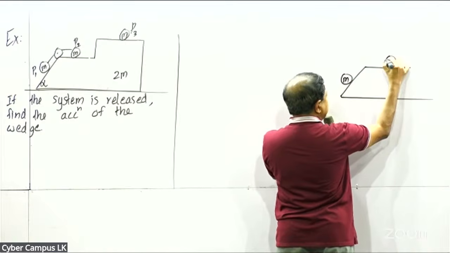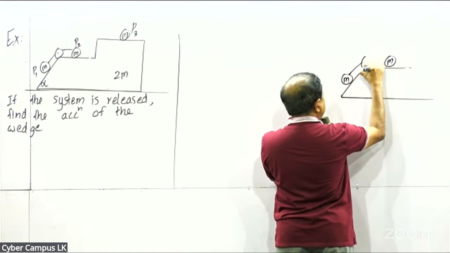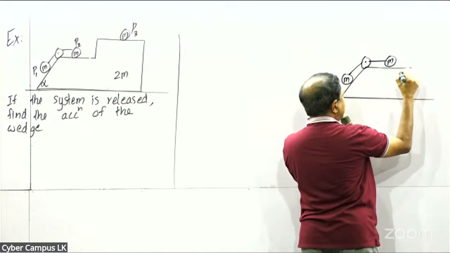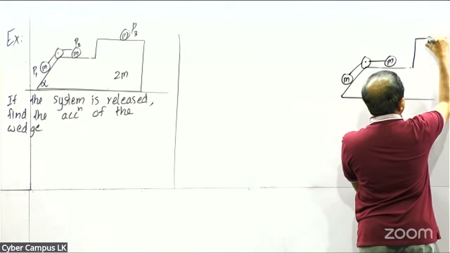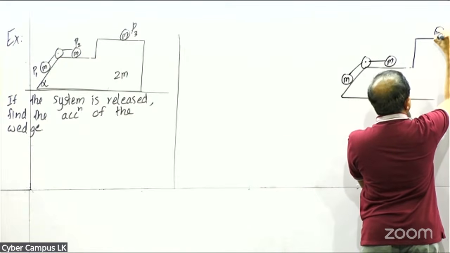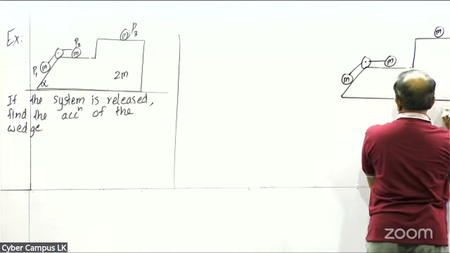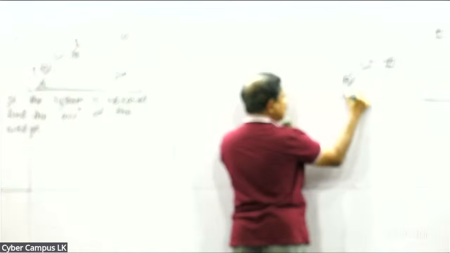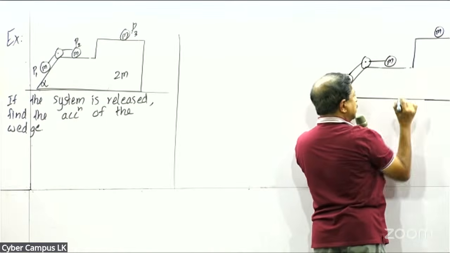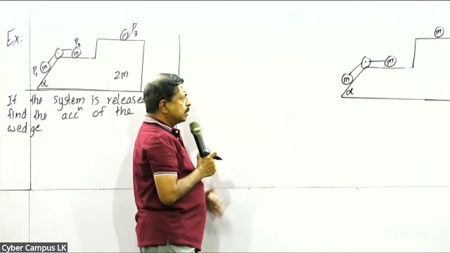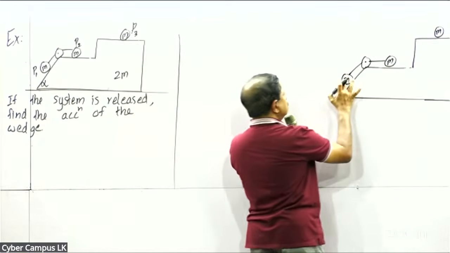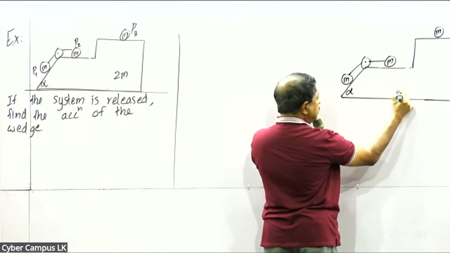This is also M. Then this is placed on a horizontal surface with no string attached. And this is alpha. The mass of this is 2m.